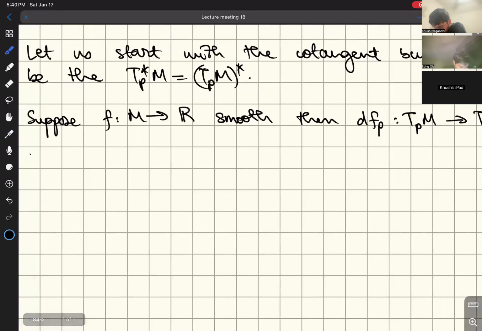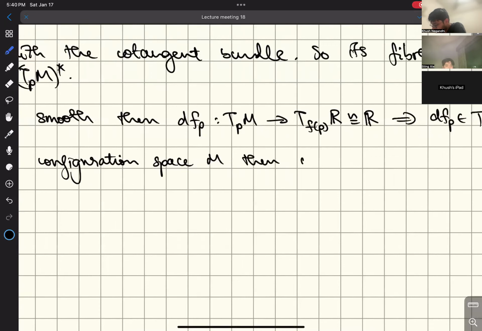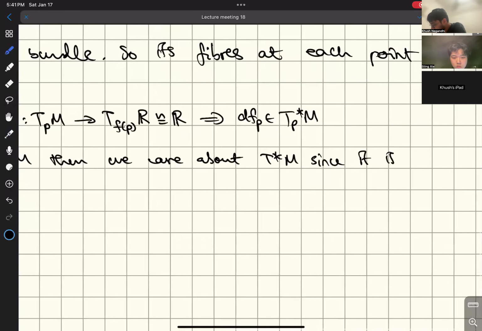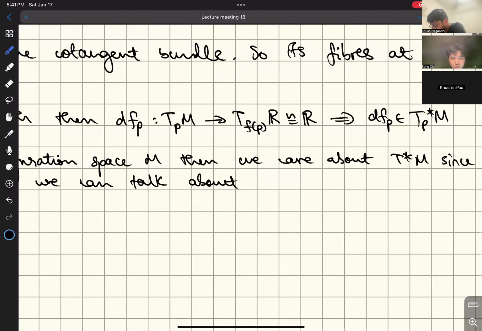If we have some configuration space M, then we care about T star M since it is the phase space, and hence we can talk about Hamiltonian dynamics.